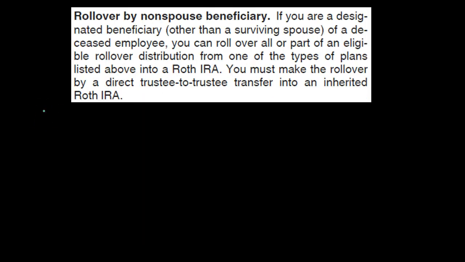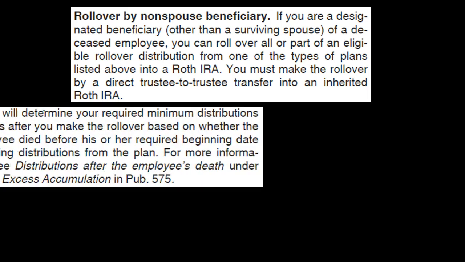Back to the text, rollover by non-spouse beneficiary. If you are a designated beneficiary other than a surviving spouse of a deceased employee, you can roll over all or part of an eligible rollover distribution from one of the types of plans listed above into a Roth IRA. You must make the rollover by a direct trustee-to-trustee transfer into an inherited IRA.